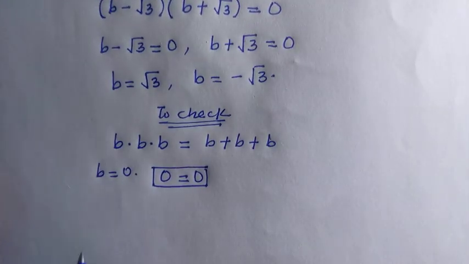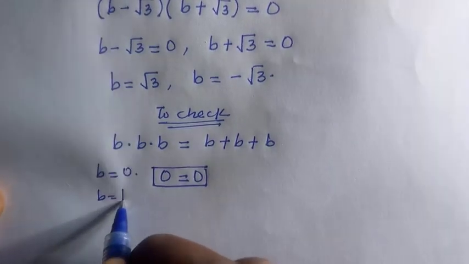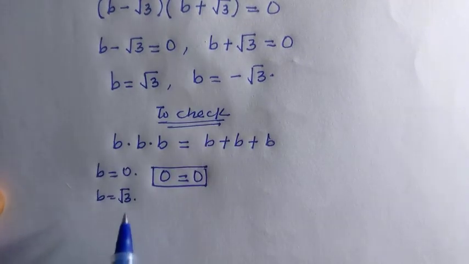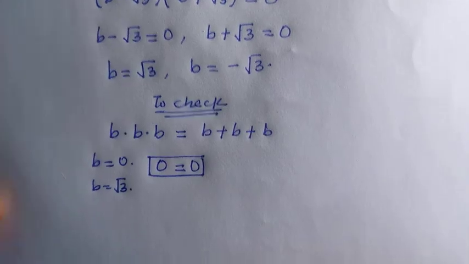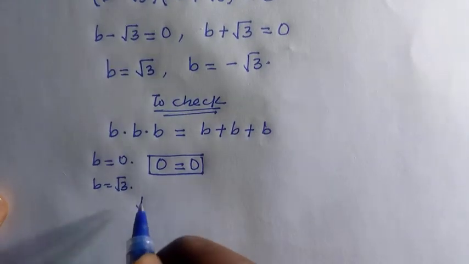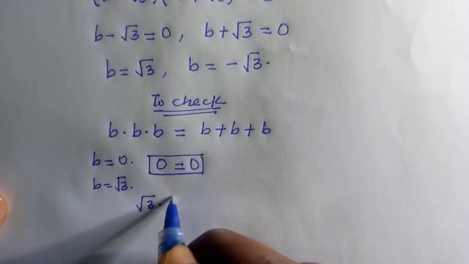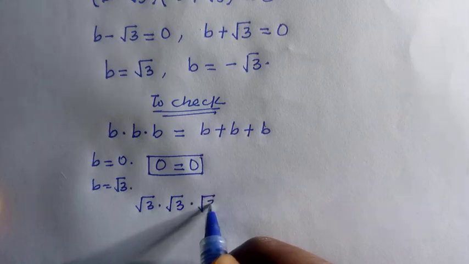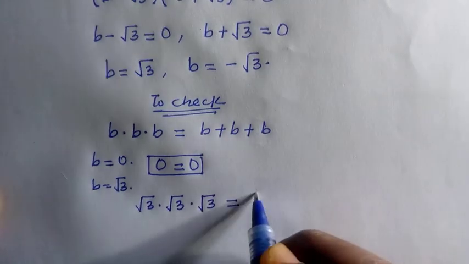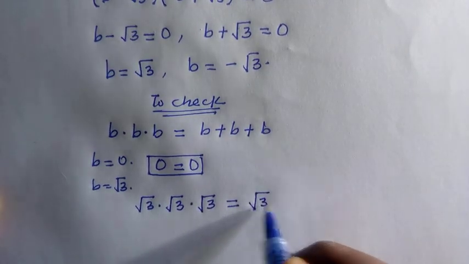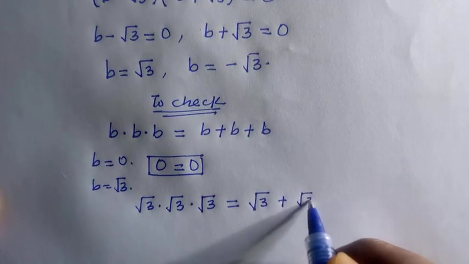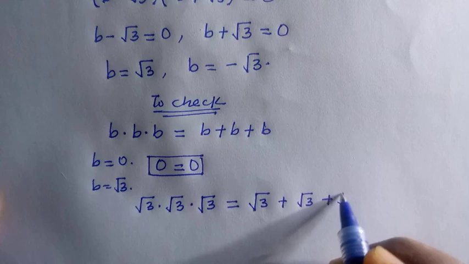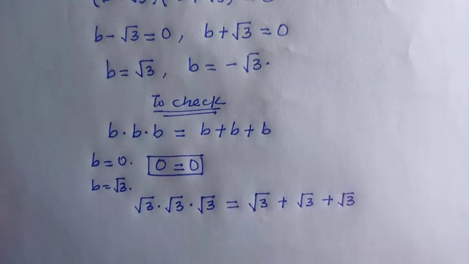And also when b equals the square root of 3, then by substituting it in this, we have root 3 multiplied by root 3 multiplied by root 3 equals root 3 plus root 3 plus root 3.